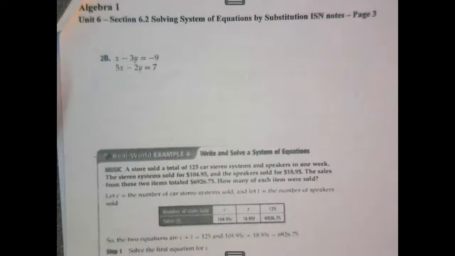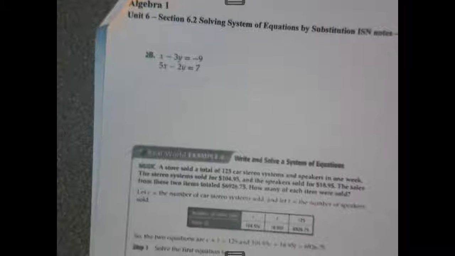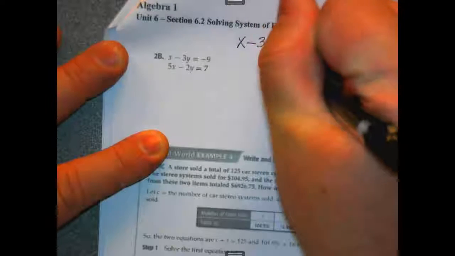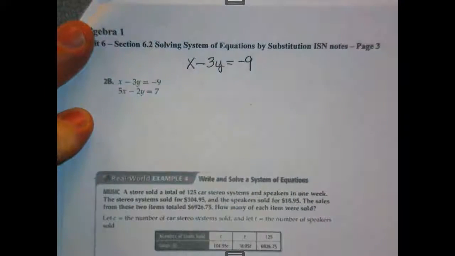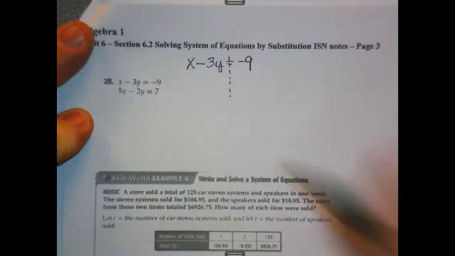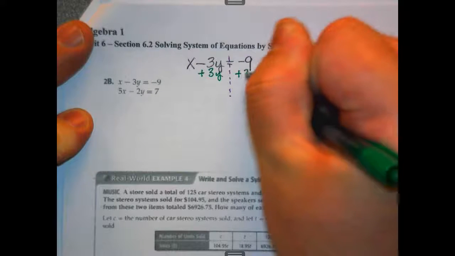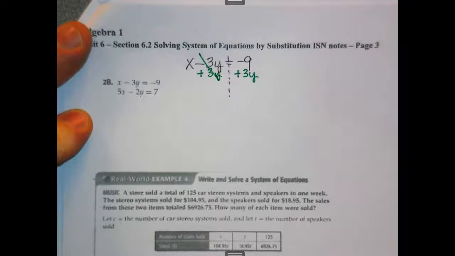So we're going to take x minus 3y equal -9, and let's solve for x. Okay. I'm going to add 3y to both sides. Okay, that gets my x by itself.